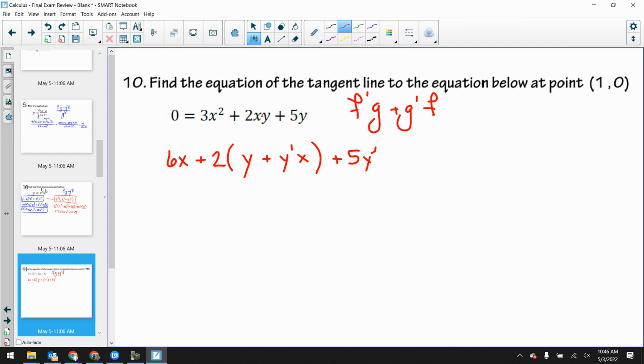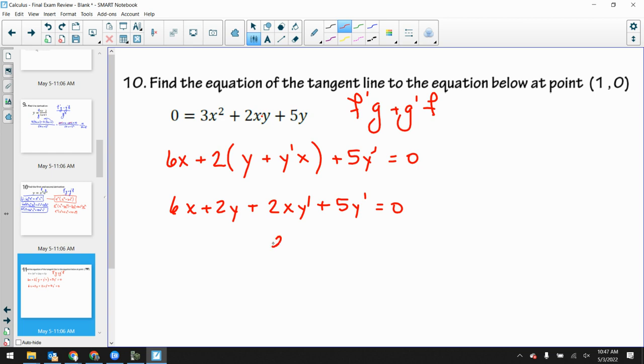All right, and this is all still equal to 0. So now let's solve for y prime, because y prime is my slope. Y prime is my derivative. That's going to give me my slope. Let's distribute the 2. That's going to give me 6x plus 2y plus 2xy prime. I just like to reorder that. Plus 5y prime. I'm going to move everything that's not a y prime term over to the right side.